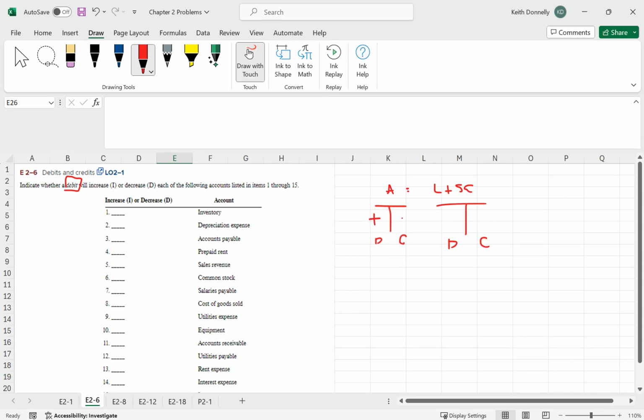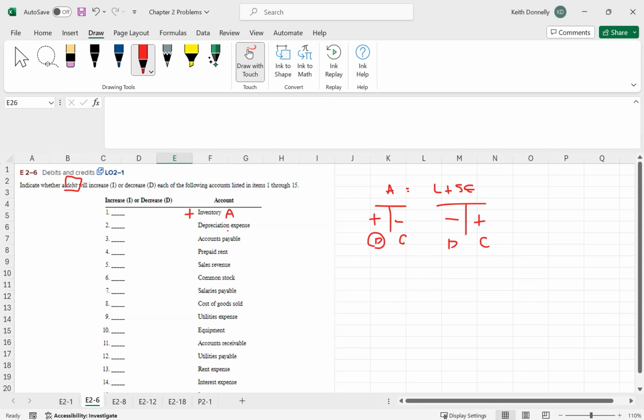It's plus, minus for assets, and minus, plus for liabilities and stockholders' equity. For example, inventory is an asset, something you own. What does a debit do for that? That's going to increase your inventory.